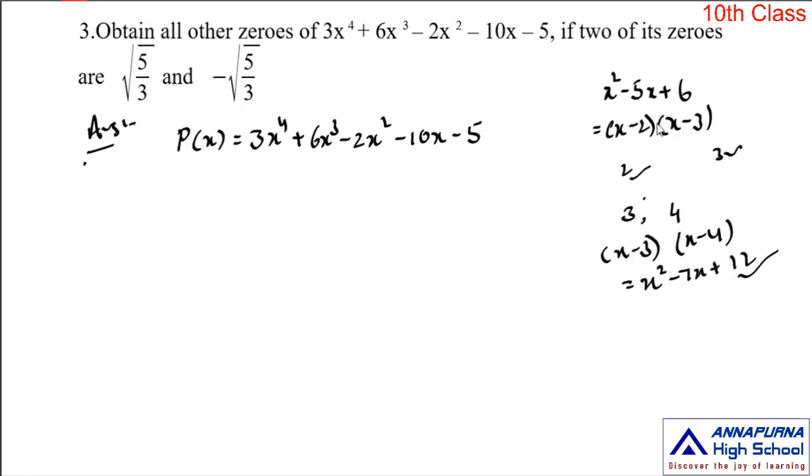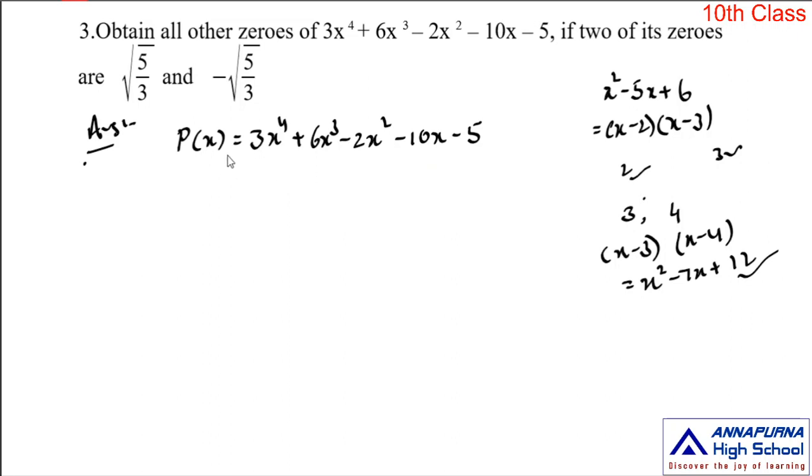Not only for a quadratic polynomial, you can apply this process anywhere. When you know the zeros of any polynomial, we find that polynomial by taking the linear factors. Apply the same process here.